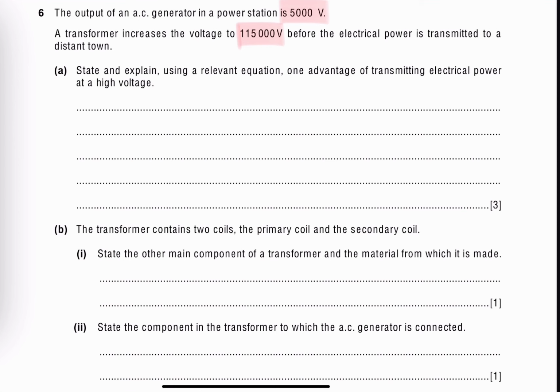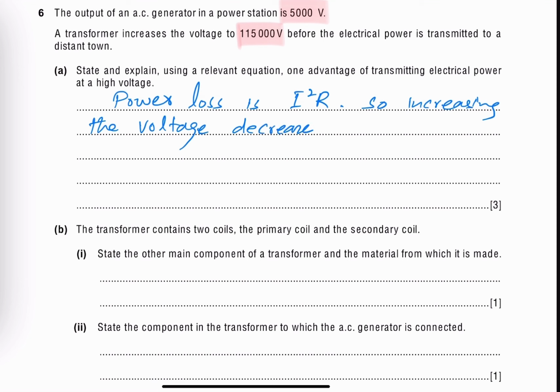Okay, so we first have to write down the equation. Power loss is I squared R. So increasing the voltage decreases the current, and the power loss will also be decreased.